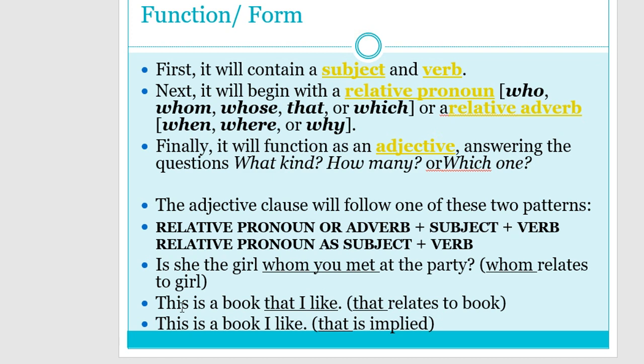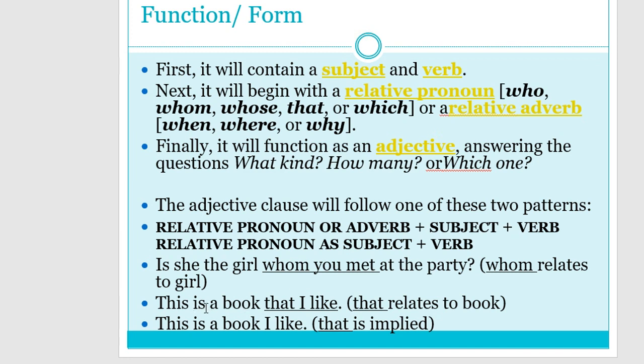We have here examples. Is she the girl whom you met at the party? Here we have the relative pronoun whom, then the subject, and then the verb: whom you met. That's how we can recognize the structure of an adjective clause.